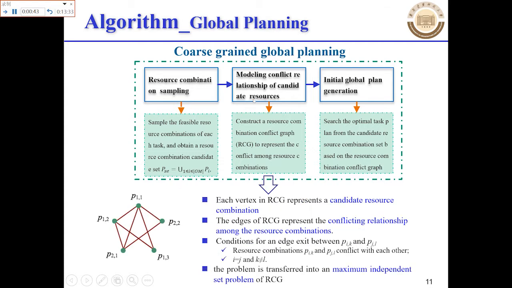Then, in the second step, we construct a resource combination conflict graph to represent the conflict among resource combinations. Then the problem is transferred into a maximum independent set problem of RCG. Therefore, in the third step, we search the optimal task plan from the candidate resource combination set based on the resource combination conflict graph.